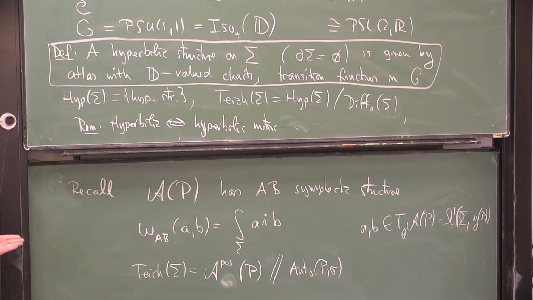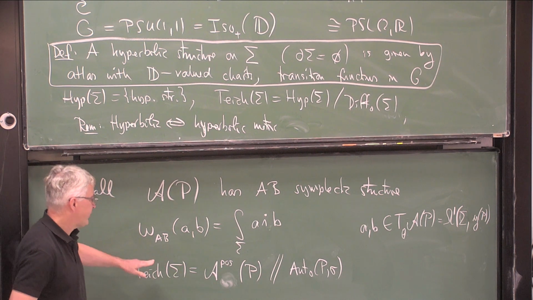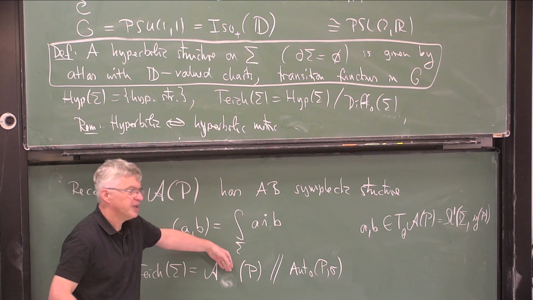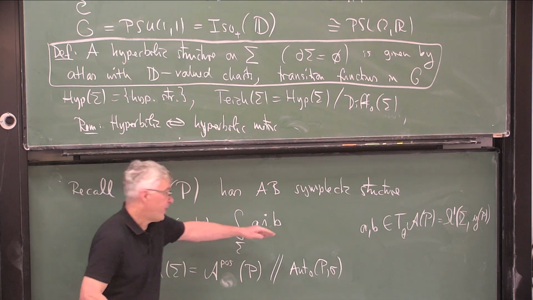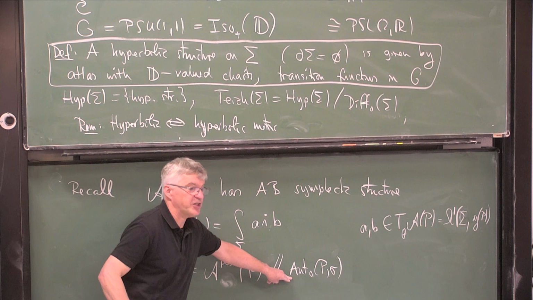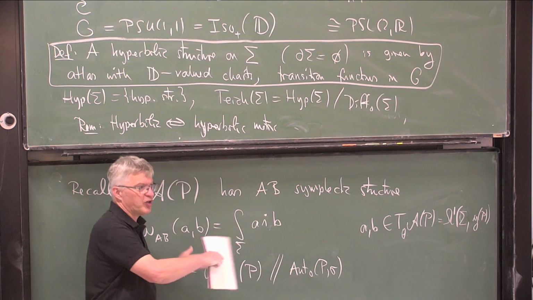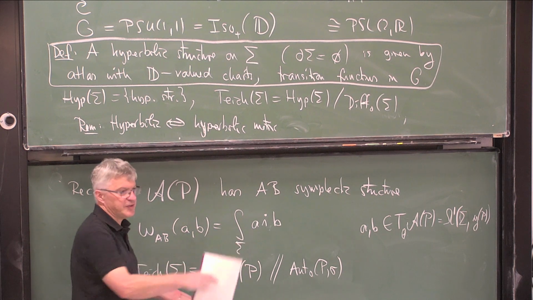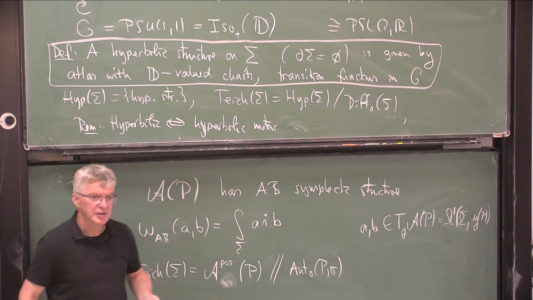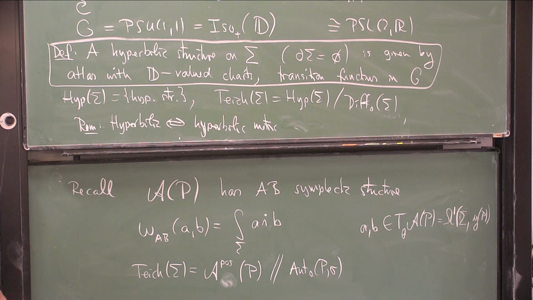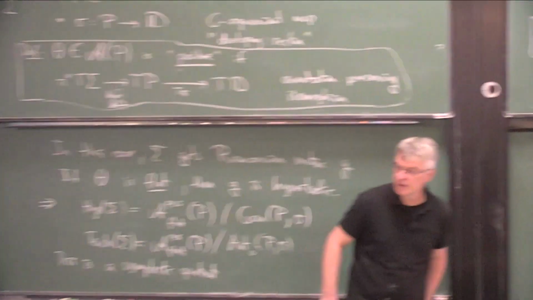You could compare to this Goldman-Hitchin construction where we have a symplectic quotient of all connections, by all gauge transformations. This description is a bit more complicated, but on the other hand, the proof is very, very easy. Whereas Goldman-Hitchin is a much deeper theorem.